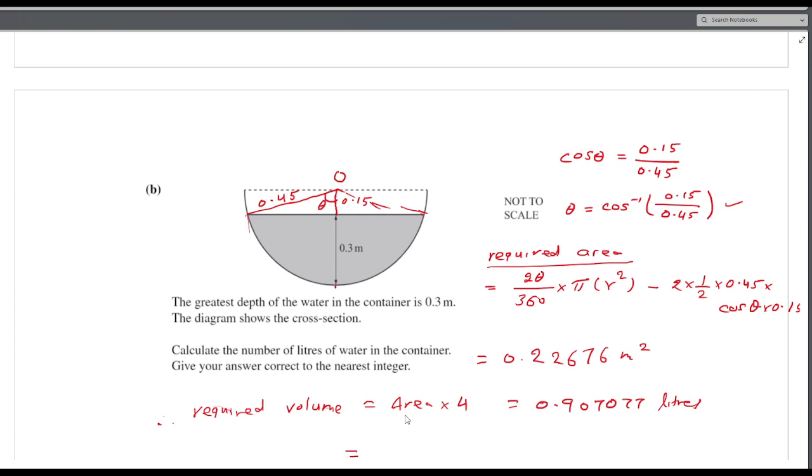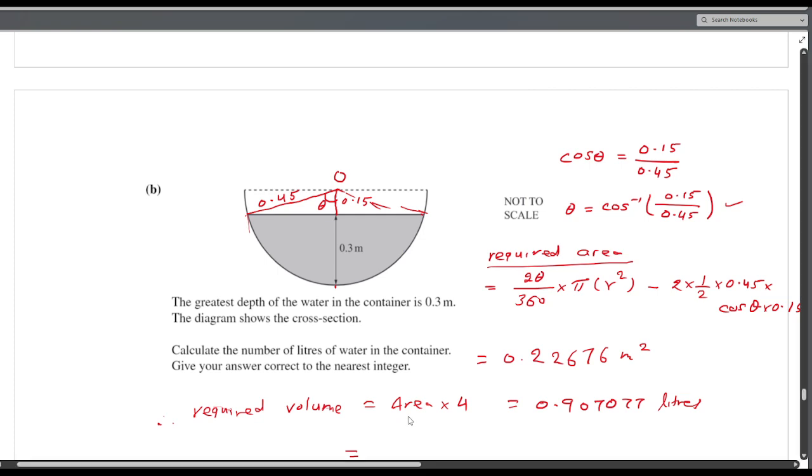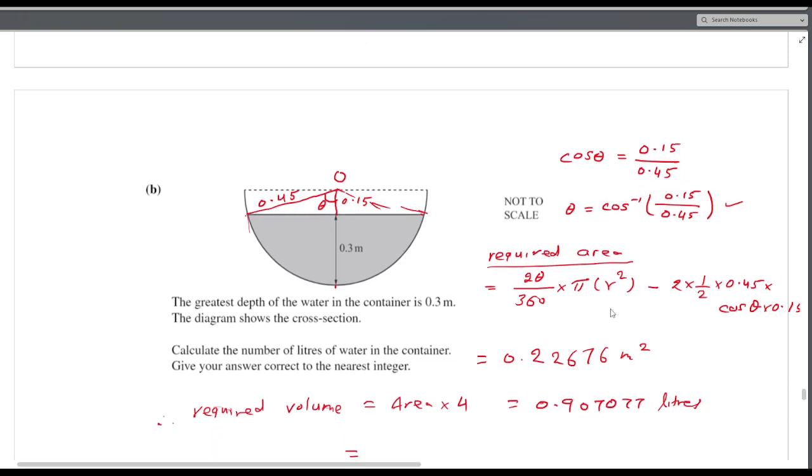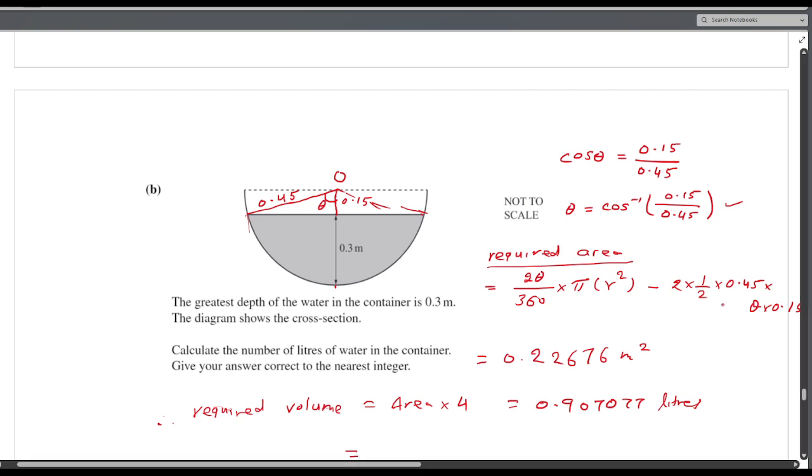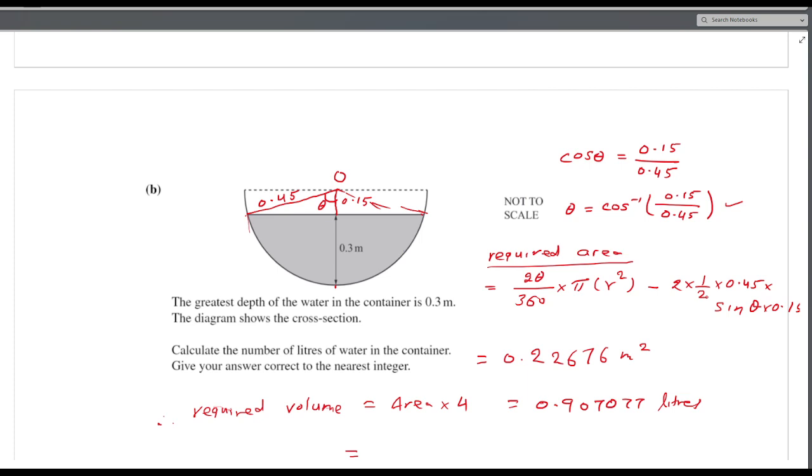Base is half into cos 0.45 into... I made one mistake over here. The base is not cos theta, it is sin theta. So here in place of cos it should be sin theta. One mistake is a very big mistake.